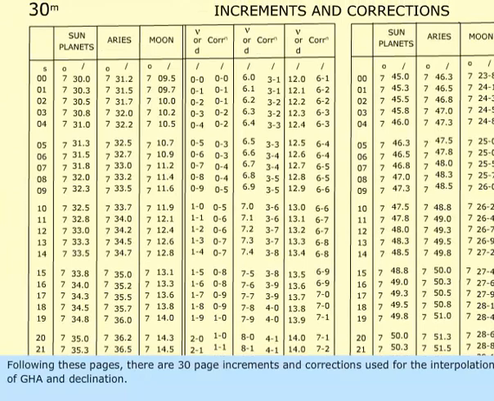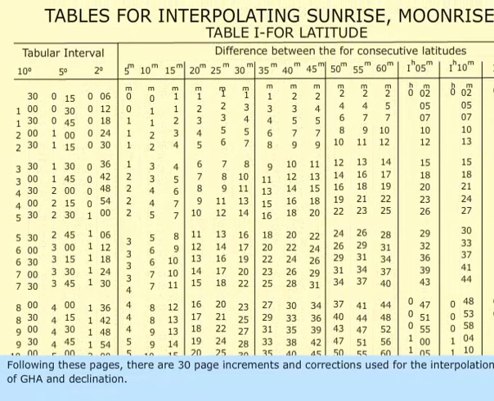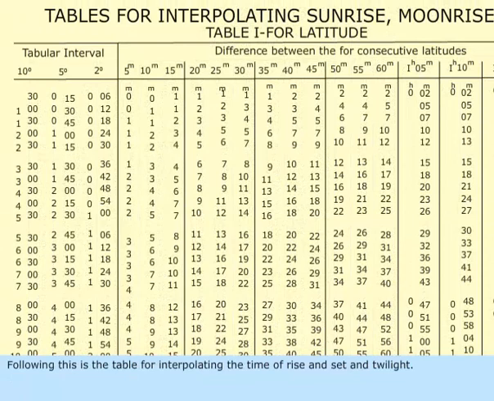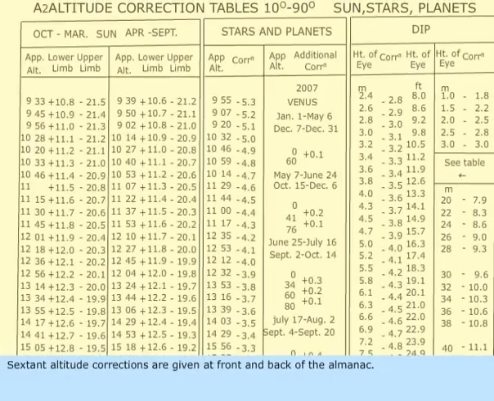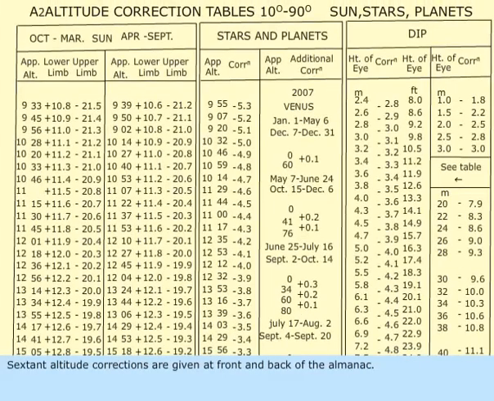Following these pages, there are 30 pages of increments and corrections used for interpolation of GHA and declination. Following this is the table for interpolating the time of rise, set, and twilight. Sextant altitude corrections are given at the front and back of the almanac.